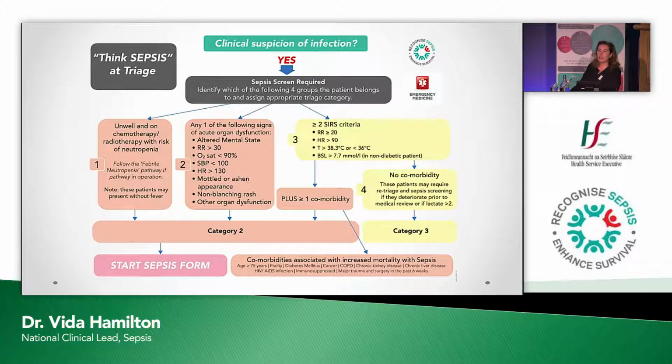If patients are in one of those 3 categories, they need to be assigned a Category 2 designation at triage and escalated to immediate medical review, and the sepsis form started for them.